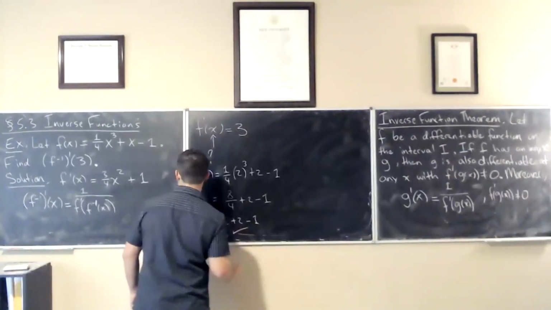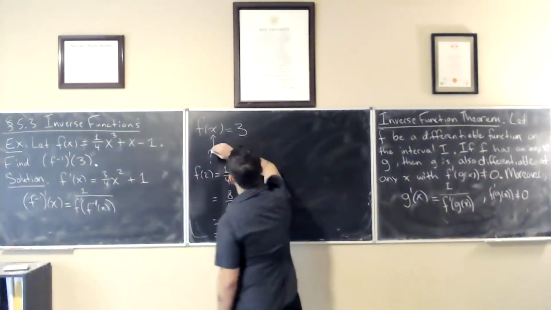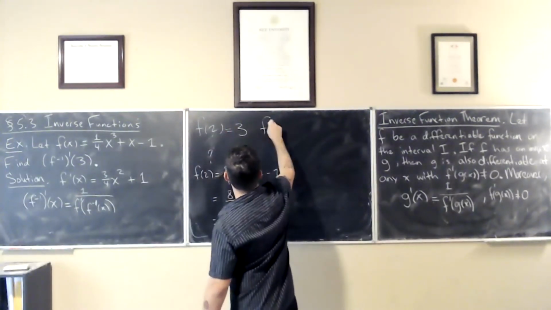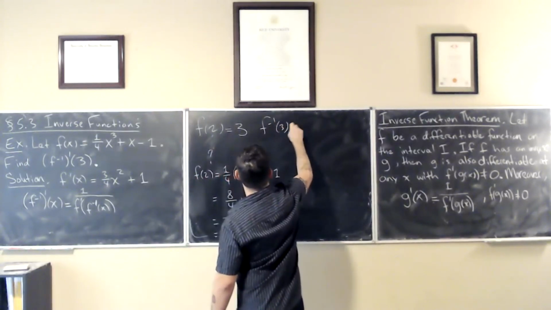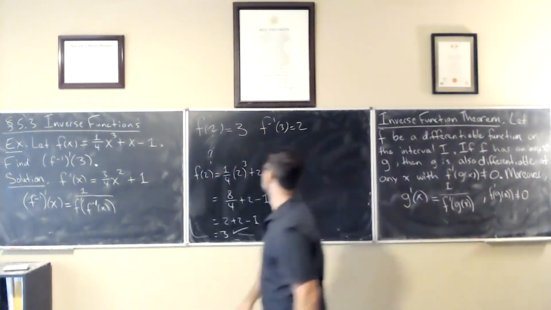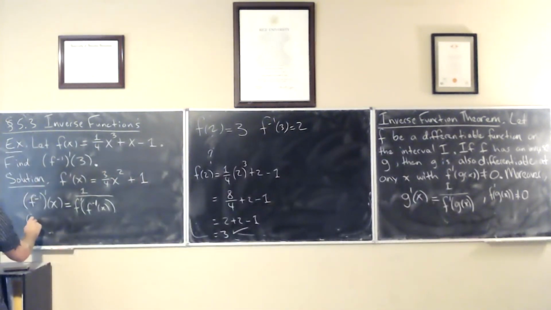That's equal to 3. So I know that if f of 2 is equal to 3, then f inverse of 3 is equal to 2. So now I can plug in.